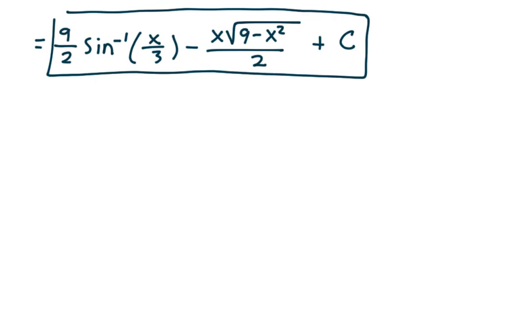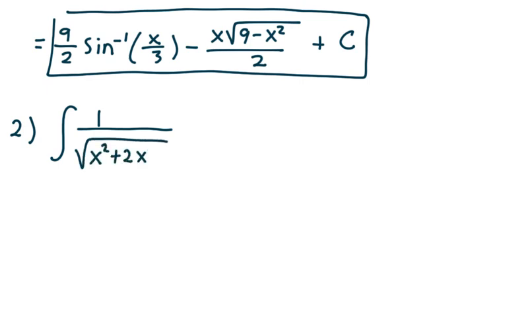Let's take a look at another example. Suppose I give you 1 over the square root of x squared plus 2x plus 5 dx.